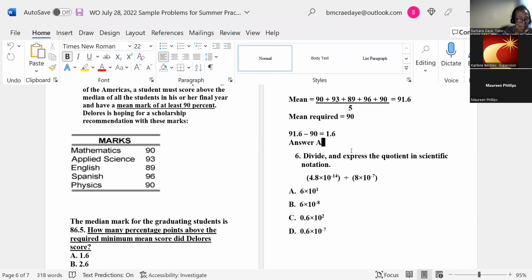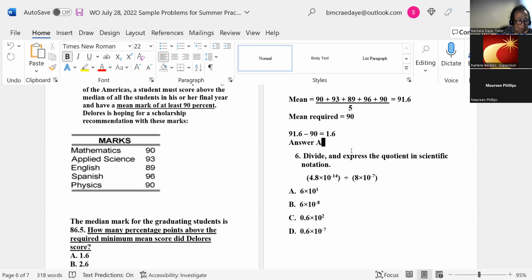Okay, let's go to scientific notation. Divide and express the quotient in scientific notation. This is a division. 4.8 times 10 to the minus 14. Let's see, Maureen. You didn't have that one right. What happened?